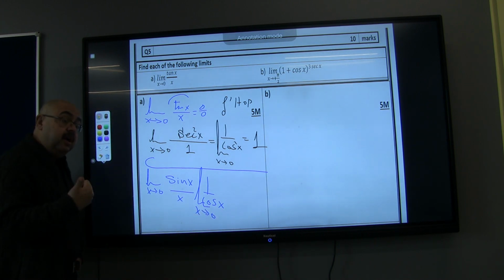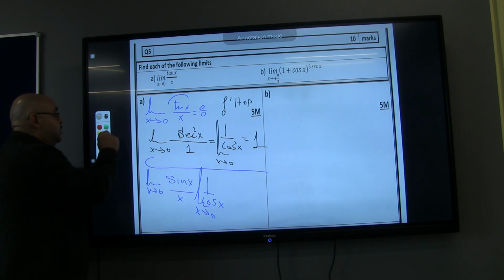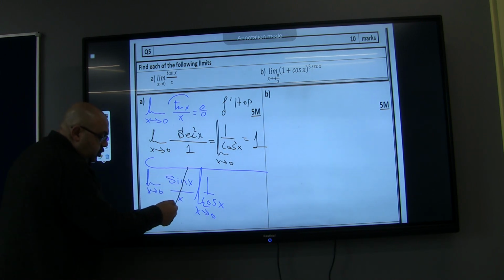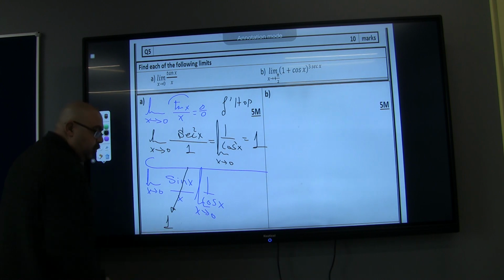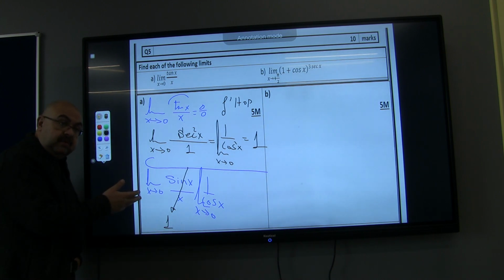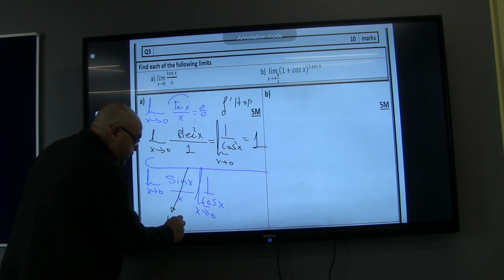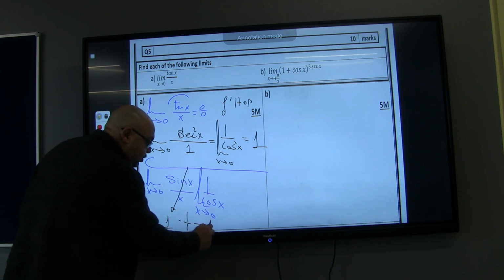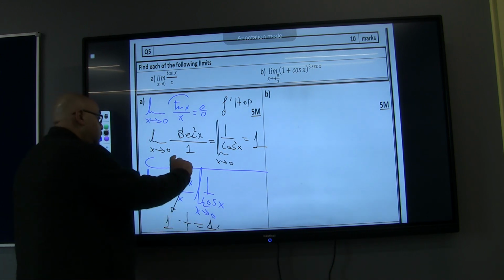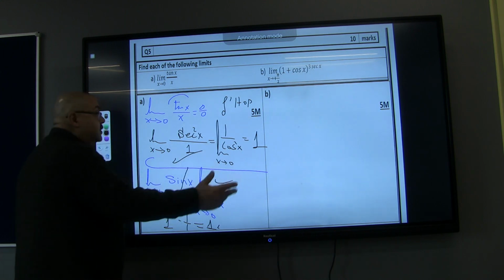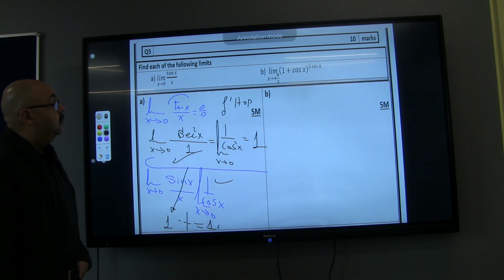From the definition and from the previous laws, we already know that the limit of sine x over x will end up having 1, since the substitution is 0 over 0. Here, direct substitution, 1 over cosine 0, so it's going to be 1 over 1, and you will have the same result. Doing it like this or like that, both of them are handleable for you.